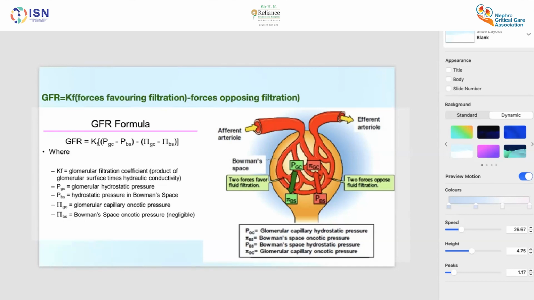That is, glomerular hydrostatic pressure minus hydrostatic pressure in Bowman's space, minus glomerular capillary oncotic pressure, and minus Bowman's space oncotic pressure.